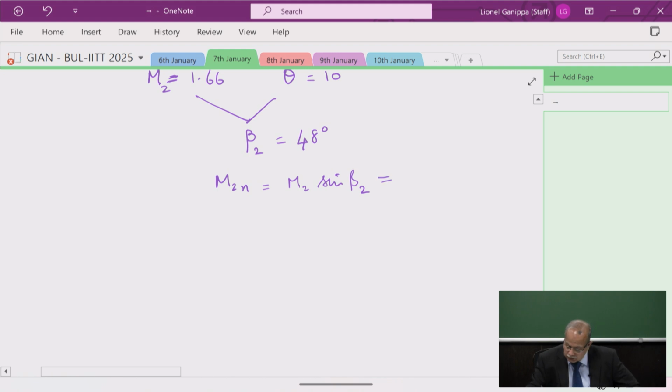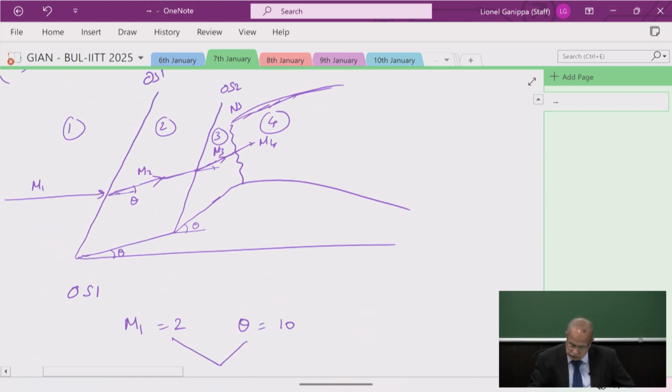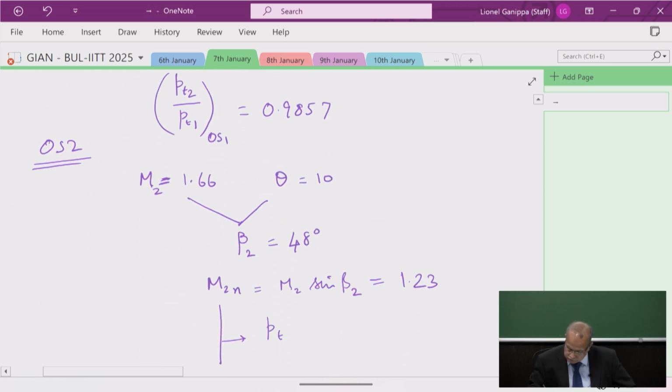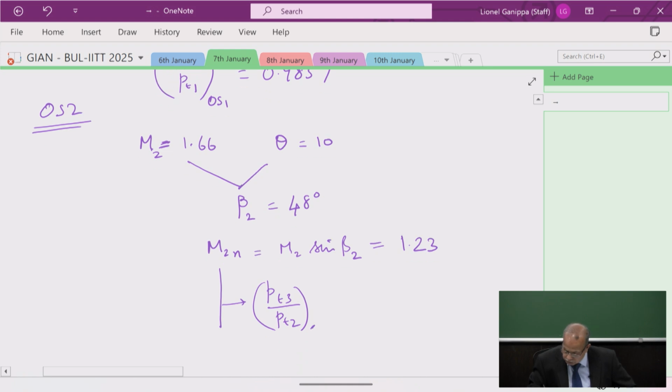What is the value for M2N? 1.23. Okay. For that value, what is the value for PT3 by PT2 for oblique shock 2? 0.9896.